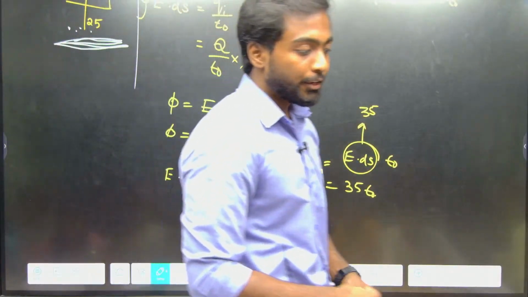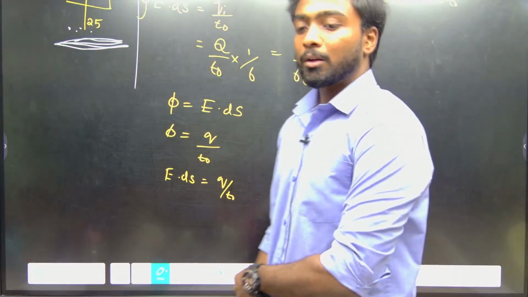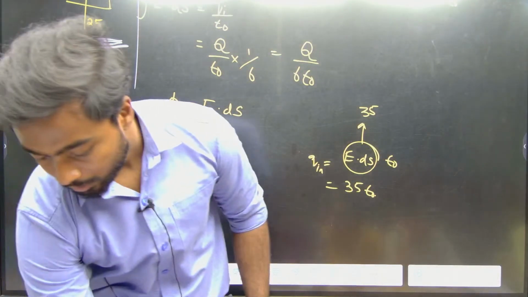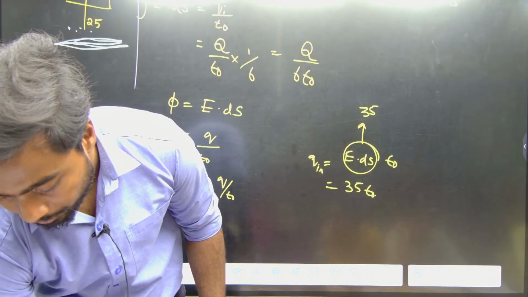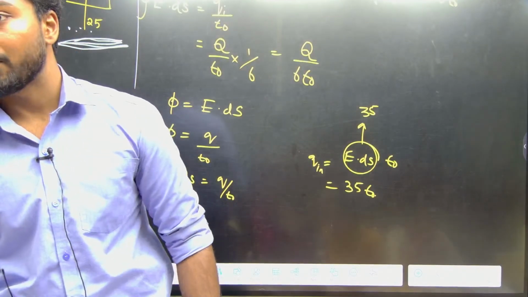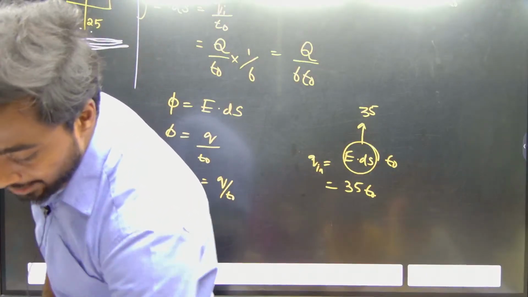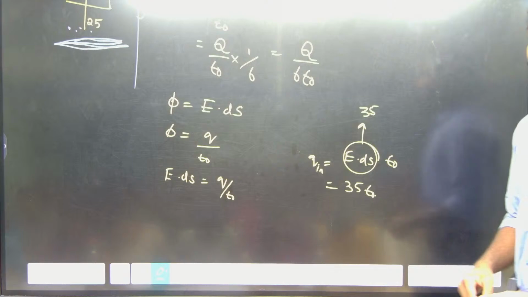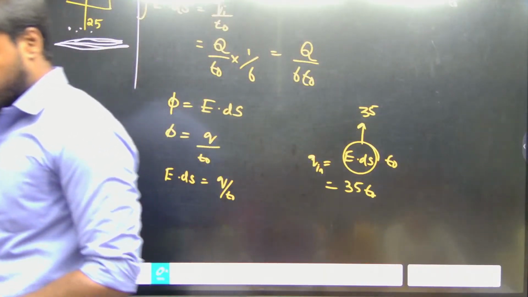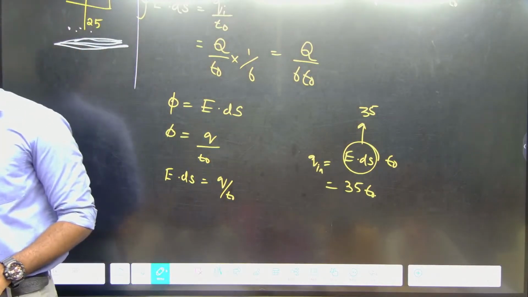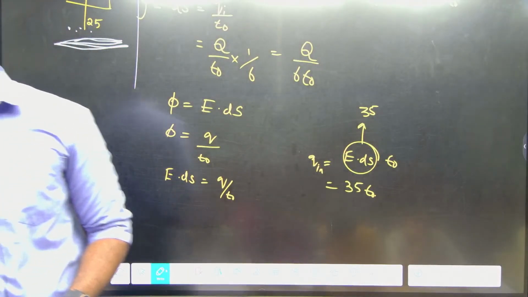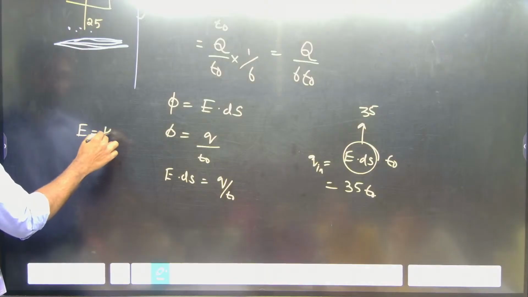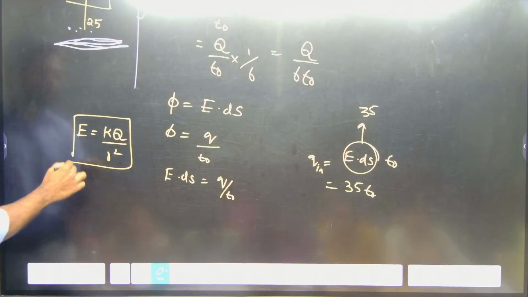Field due to hollow conducting sphere at an outside point. So formula is E is equal to KQ by R square.